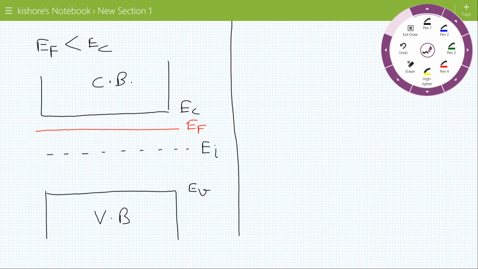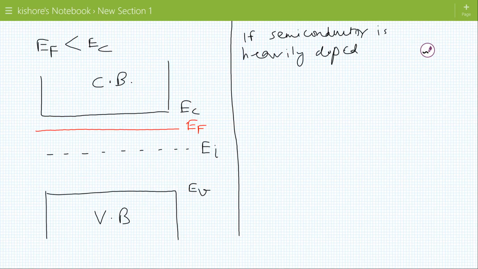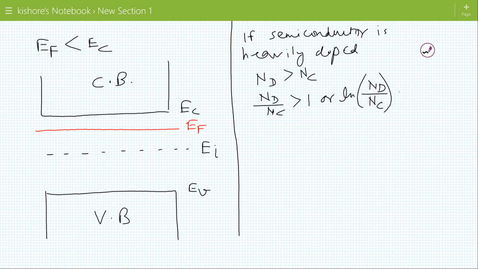Now if the semiconductor is heavily doped, then Nd is greater than Nc, or Nd by Nc is greater than 1, which means the natural log of Nd by Nc is positive.